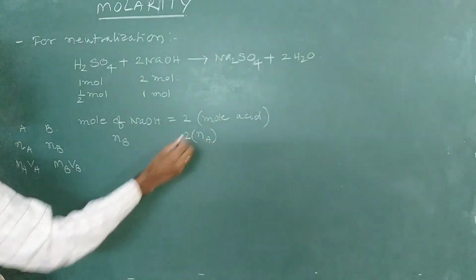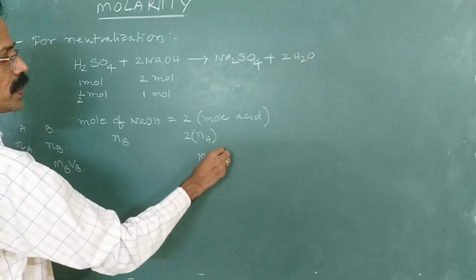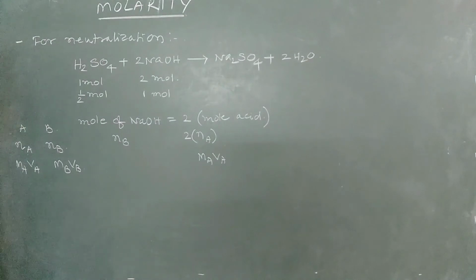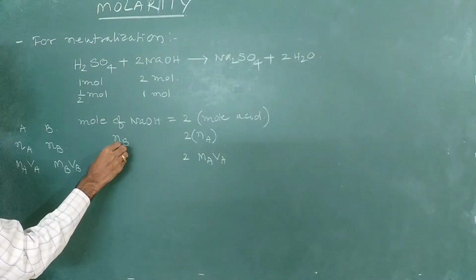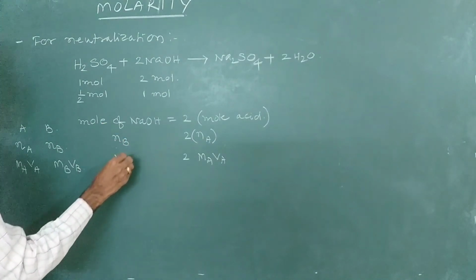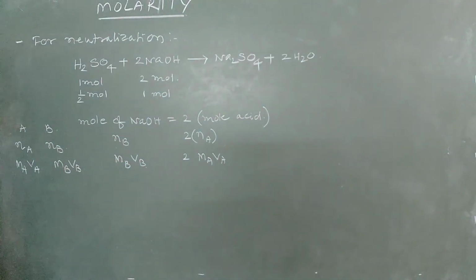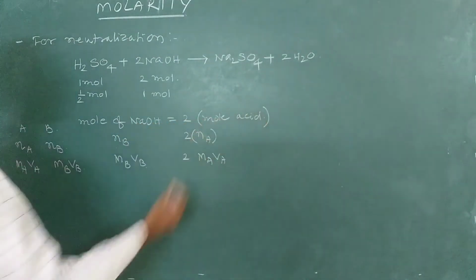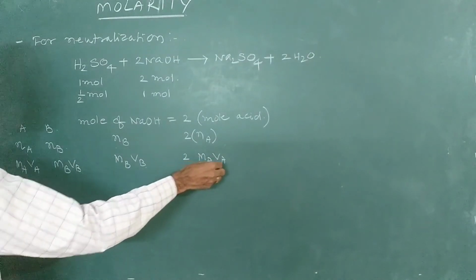For the number of moles of acid, we can write MaVa. Molarity into volume gives the number of moles. Similarly, for the number of moles of base, we can write molarity of base into volume of base, MbVb. So the moles of sodium hydroxide is twice the moles of acid, or MbVb is equal to 2 into MaVa.